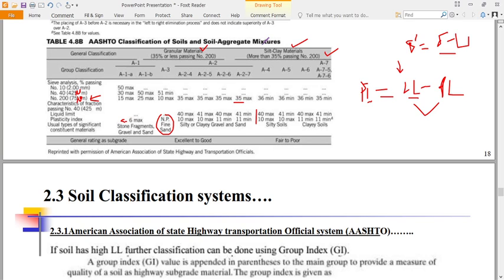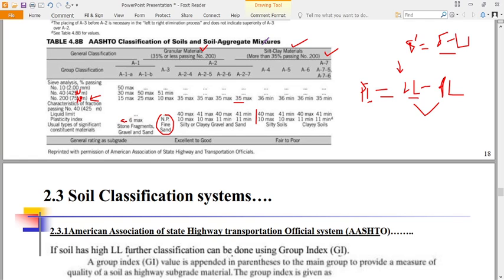A group index value is appended in parentheses to the main group to provide a measure of quality of a highway subgrade material. Now, if the PI exceeds 20, as you can see here, then the material is not good.